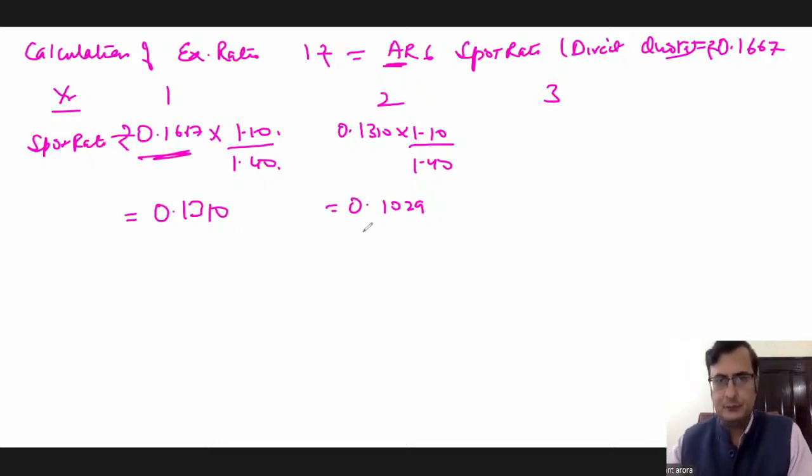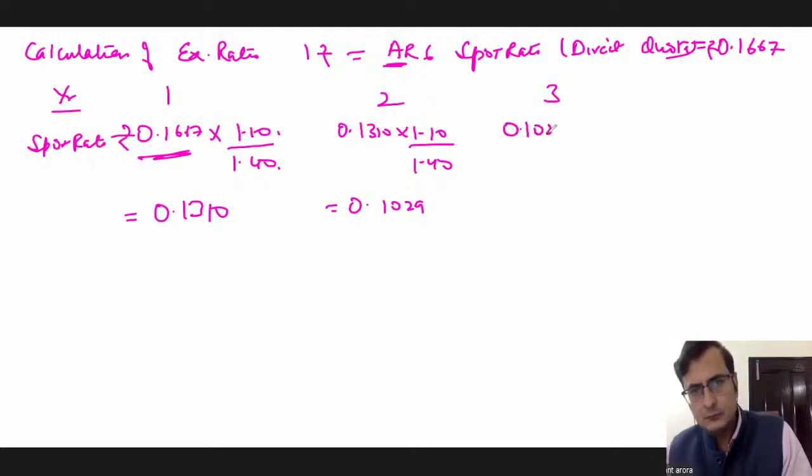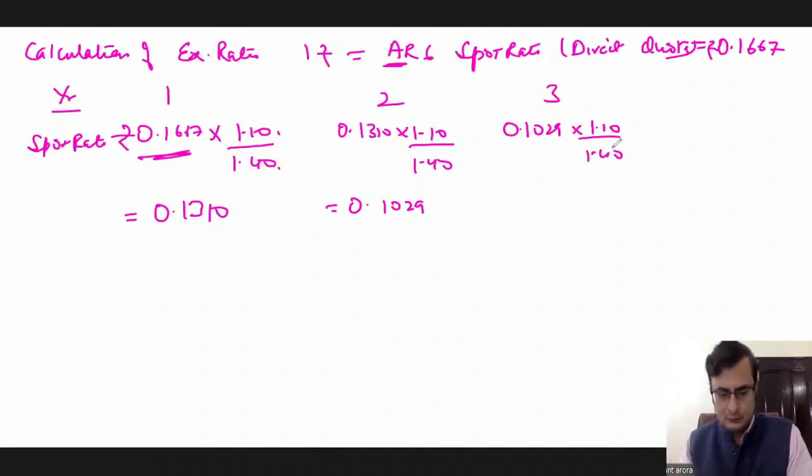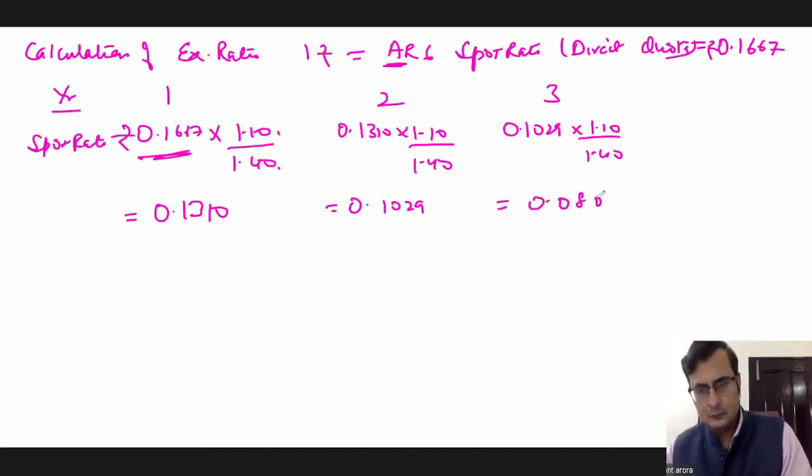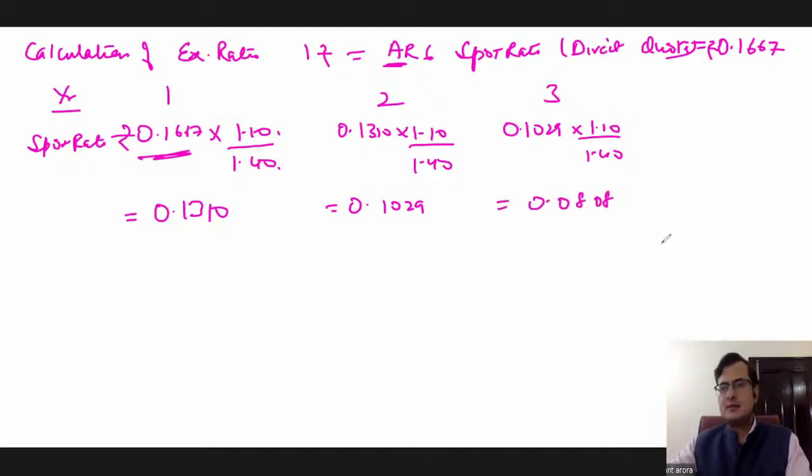Third one, 0.0808, or 0.09, whatever. Clear, beta? Yes, sir. So can we know the cash flow in rands?